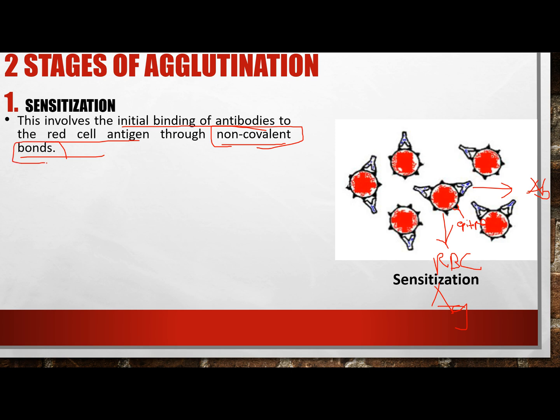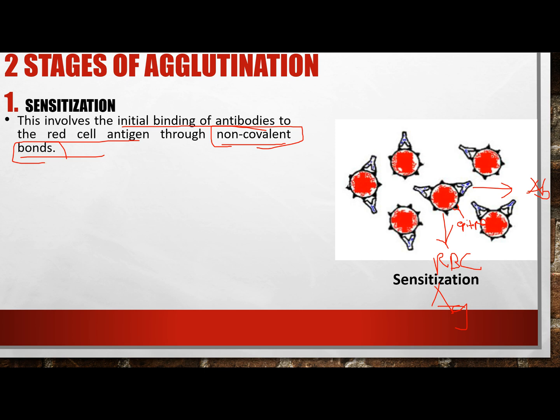So if asked in your quiz, what type of bonding does occur in sensitization between antibody and antigen? Let me repeat the question. What type of bonding would occur in sensitization between an antibody and an antigen? The answer would be non-covalent bond.